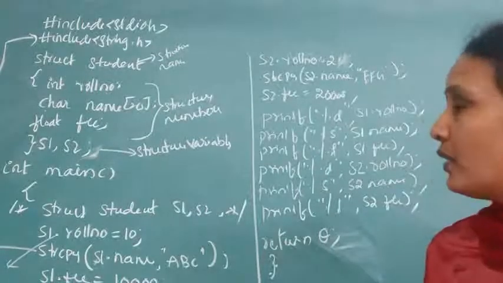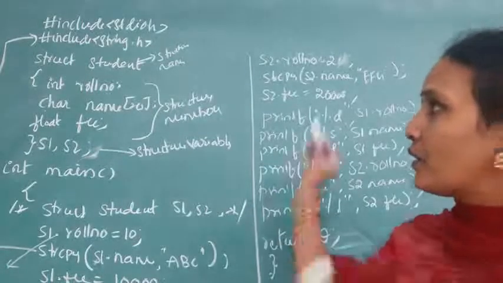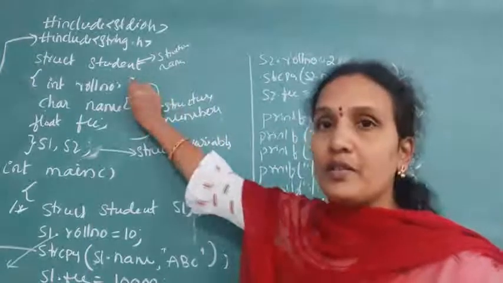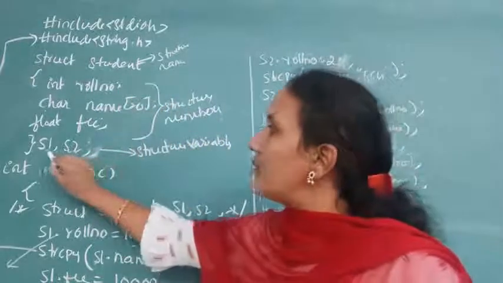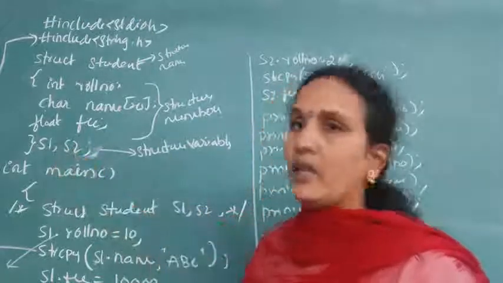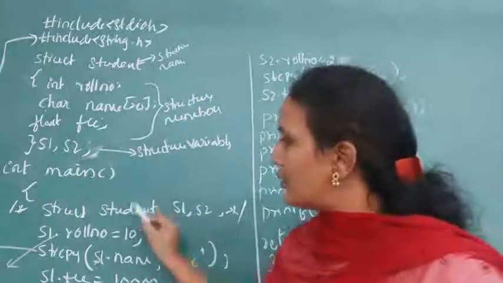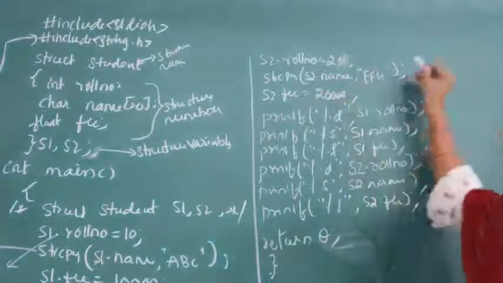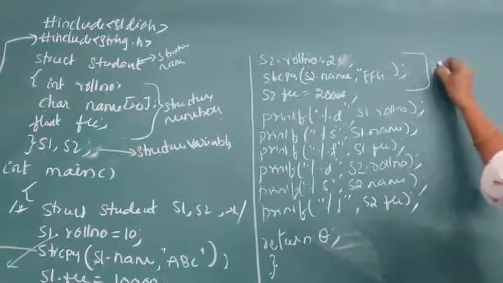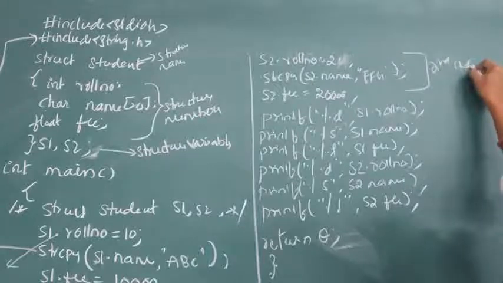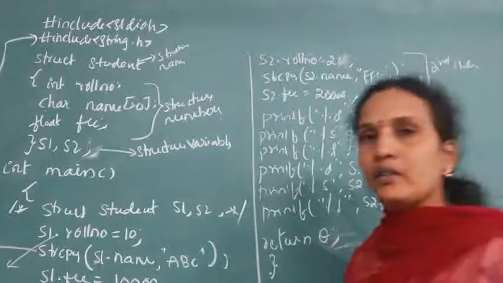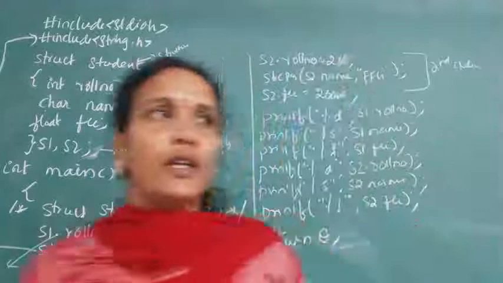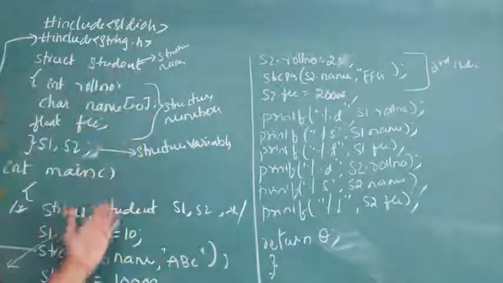Now here, student is a structure. How many variables do we have? S1 and S2. So this is the first student record and this is the second student record. If you have only 2 or 3 students, directly you can give like this, S1 and S2.